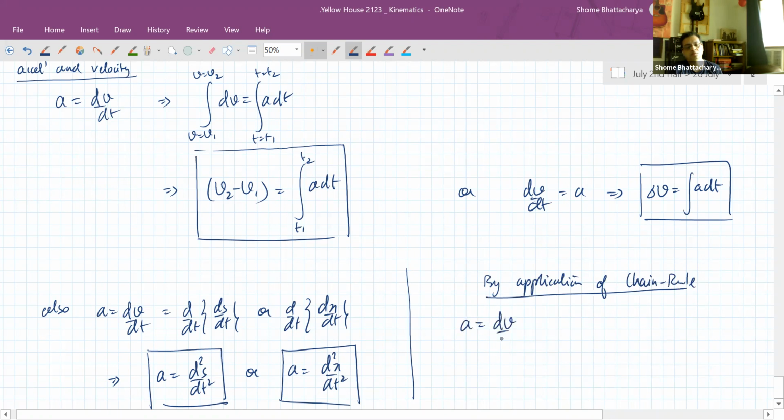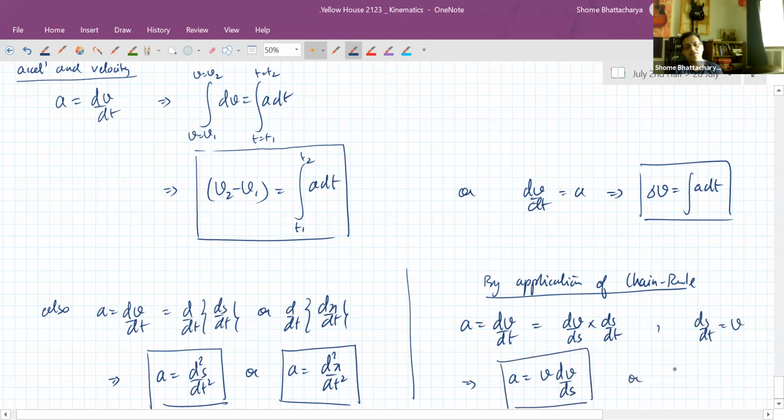Acceleration can be written as this. This is our chain rule step: dv by dt is dv by ds into ds by dt. And ds by dt is nothing but instantaneous velocity. So acceleration can be written as instantaneous velocity into dv by ds. Or similarly, we can also write it as v into dv by dx, where x is position, s is displacement. So we have all these additional relationships, this set and this set.